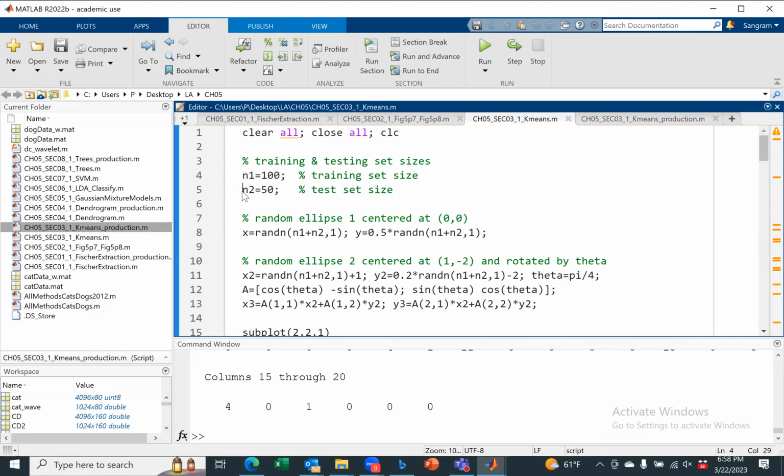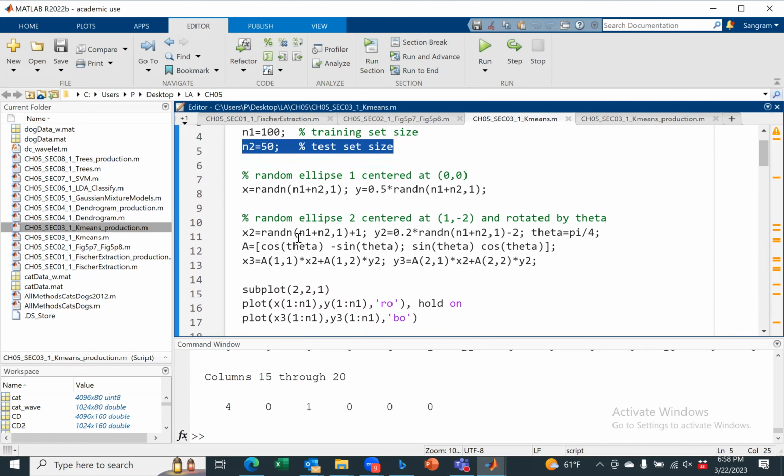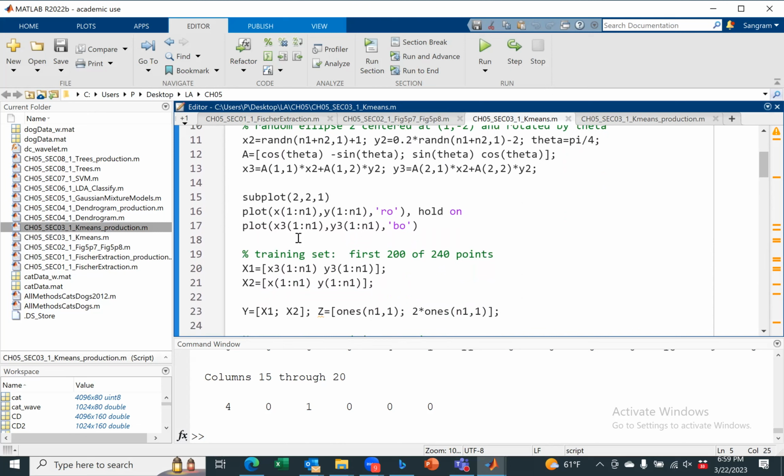We are going to have test data sets, which are 50 samples. And then I'm going to construct these different random ellipses that are centered. Then I'm going to partition this data set into test and train. I will use the train data set to develop the algorithm, and then I will see if that algorithm works.